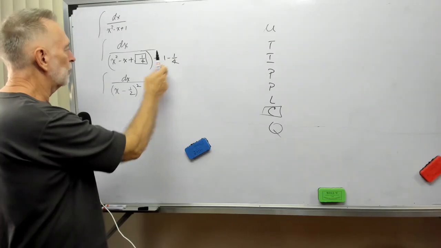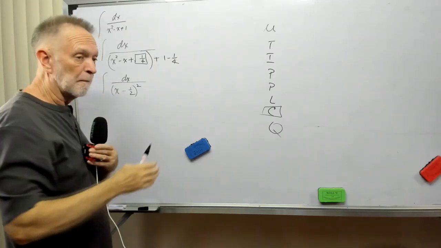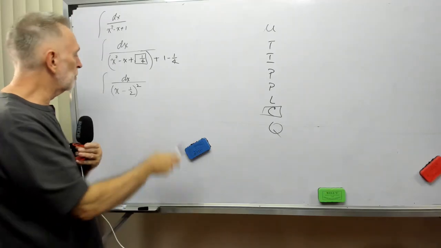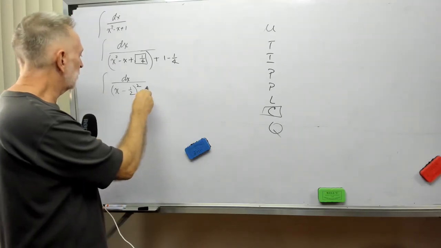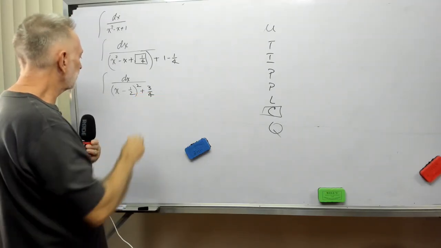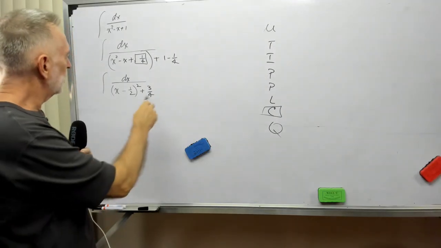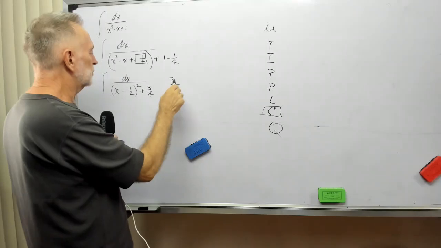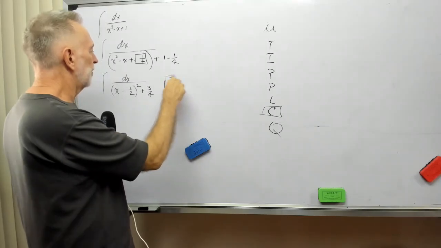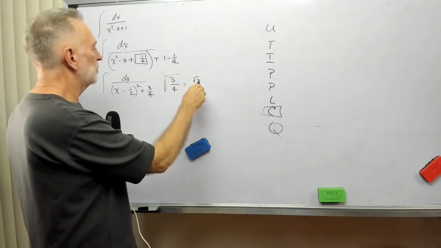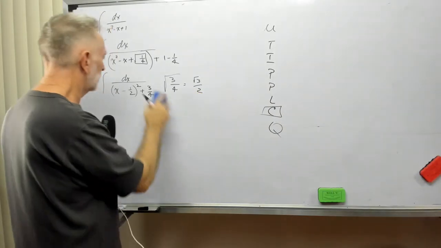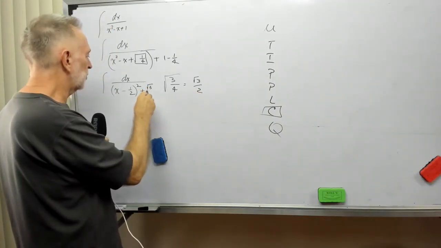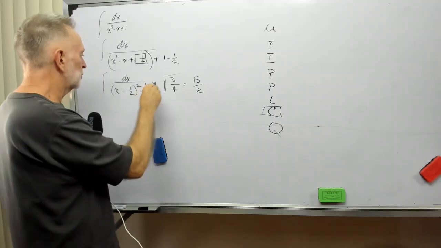And then 1 minus 1/4, that would be 4/4 minus 1/4, which gives me 3/4. Now, since I want to make this a square, what's the square root of this? That's square root of 3 over 2. So I'm going to take my 3/4 and make it square root of 3 over 2 squared.